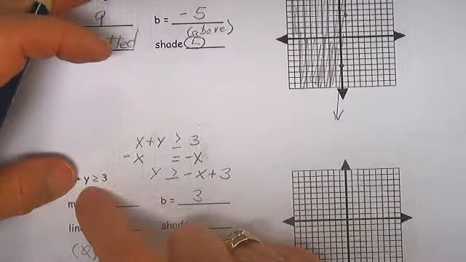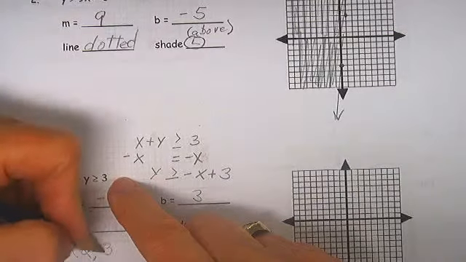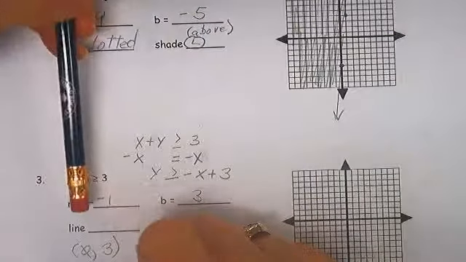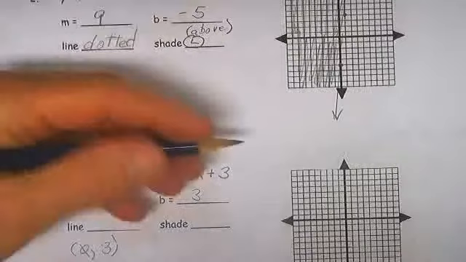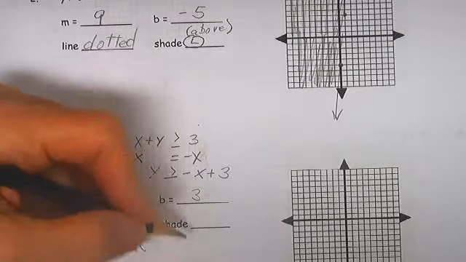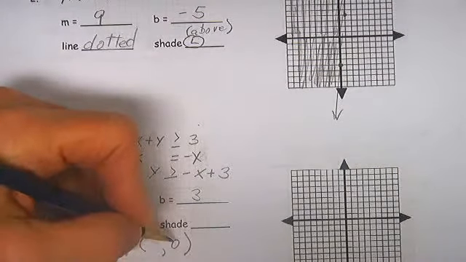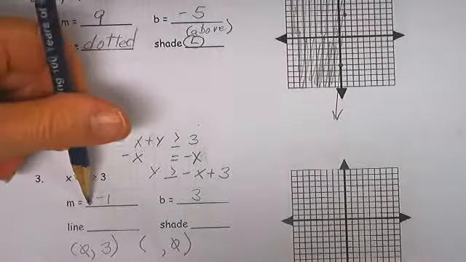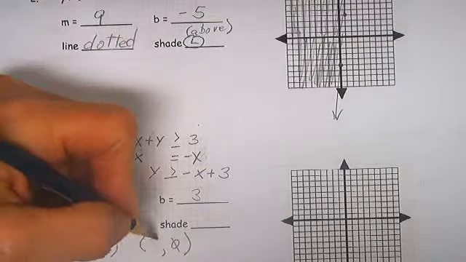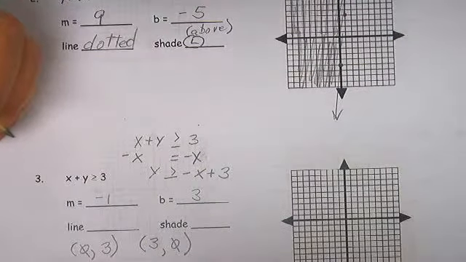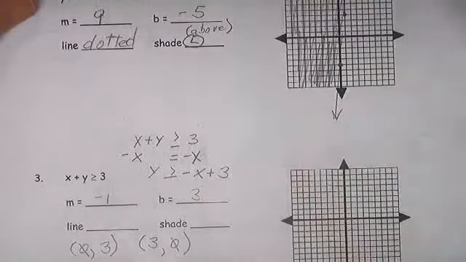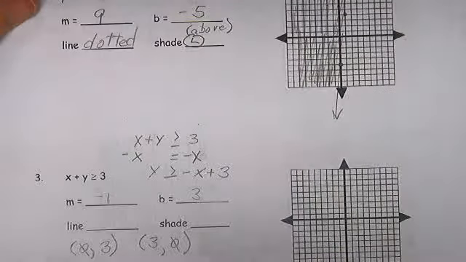If x is 0, y is 3. Now what if y is 0? If y is 0, then what's x? X is 3. That's convenient.